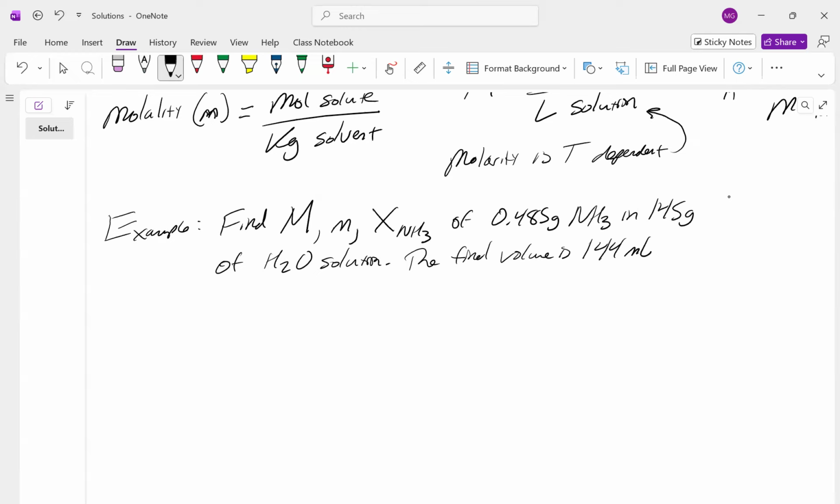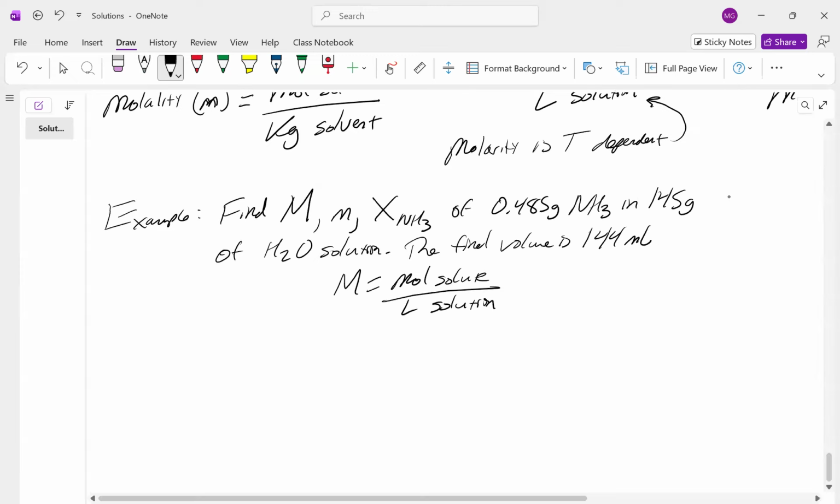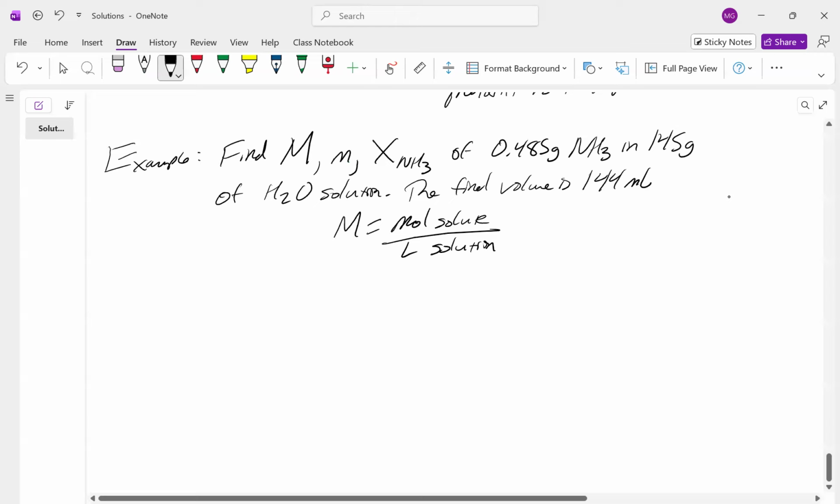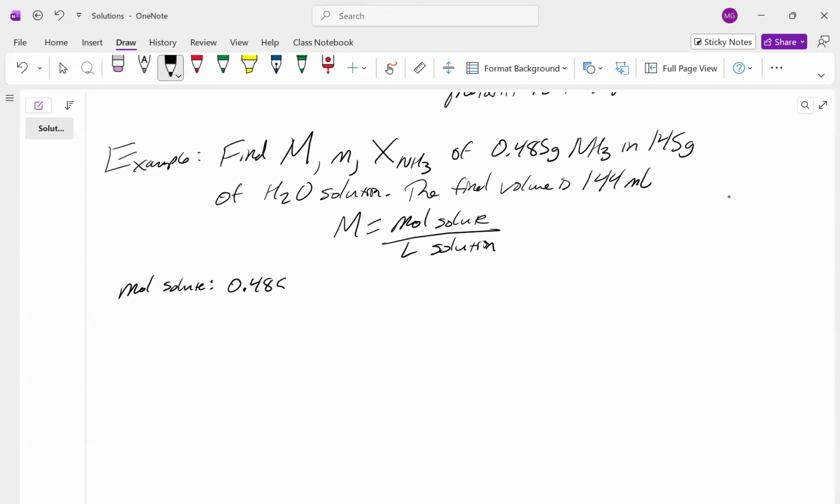Okay, well, let's find molarity first. We know molarity is moles of solute over liters of solution. We don't have both of those numbers directly, but we can get to them. The moles of solute, we're going to convert from 0.485 grams of ammonia and use the molar mass to get moles of ammonia.